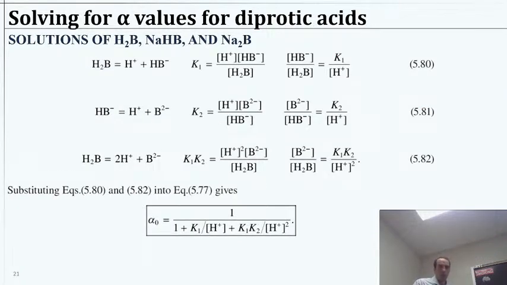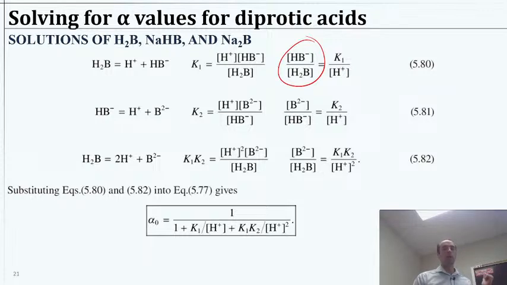Okay, so for H2B in equilibrium with H plus and HB minus, that's K1. So K1 we can write as the products over the reactants, H plus times HB minus divided by H2B. Well, if we get that in terms of just K and H plus, we have this ratio. And that ratio we can then insert into some of these equations a moment ago.